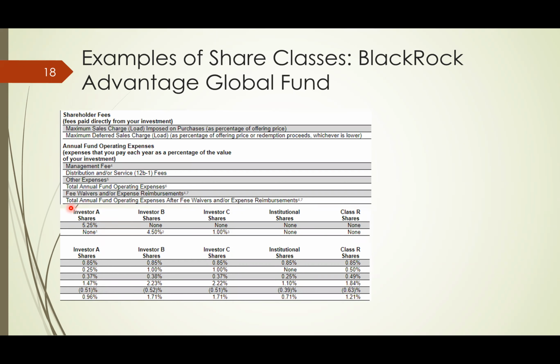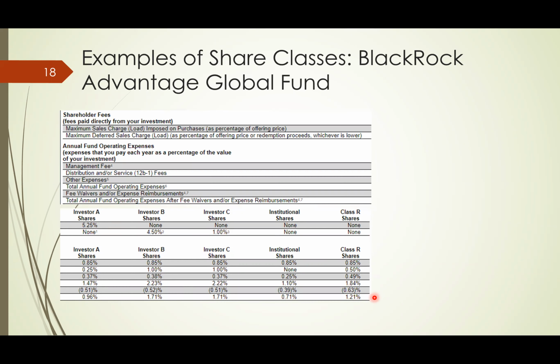And finally, the last row refers to the operating expenses after waiver and reimbursement. So what we want to focus on is the top line, the front-end load, the second line, the back-end load, as well as the bottom line, which refers to the net expense ratio after all the reimbursement.